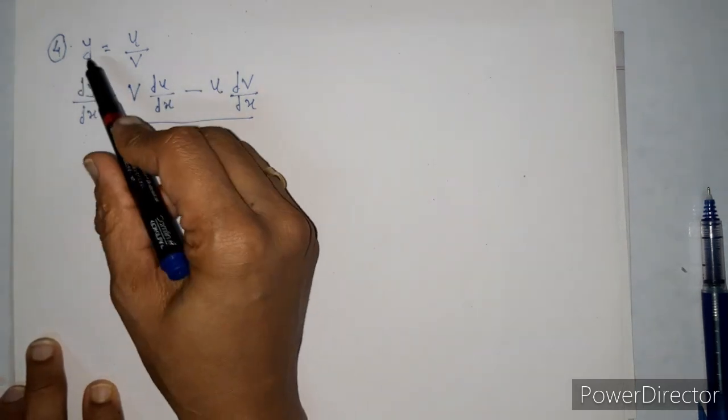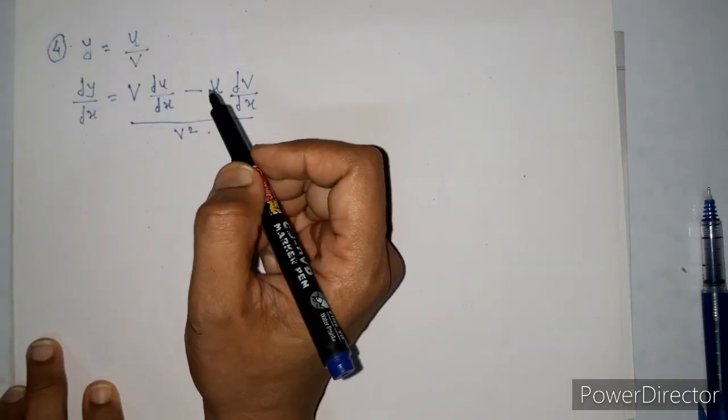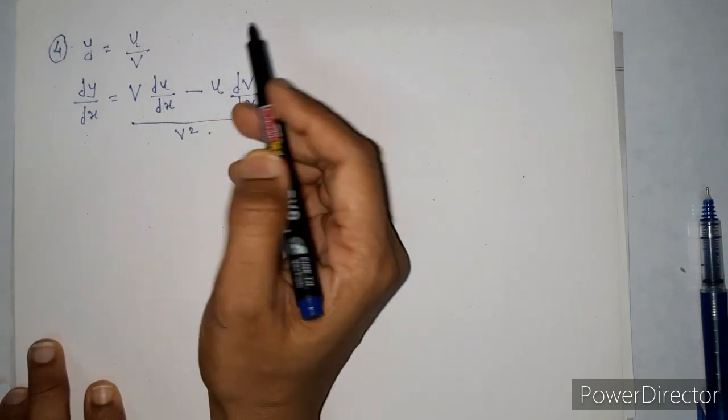This is the formula for the derivative of the quotient of two functions, that is u upon v.